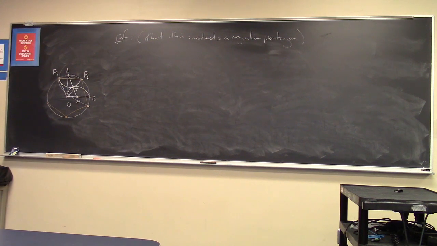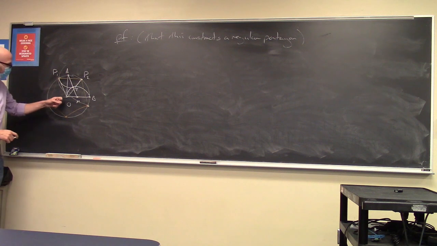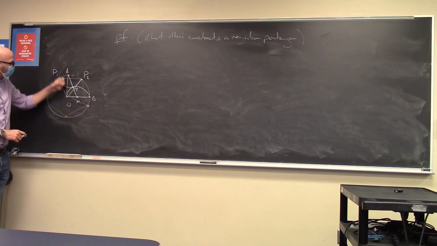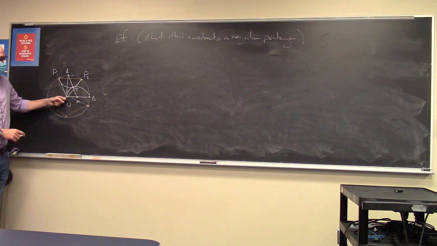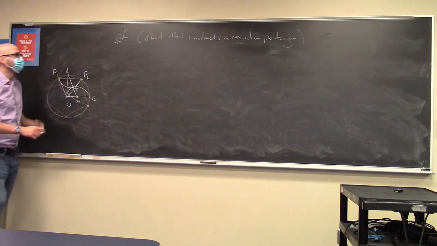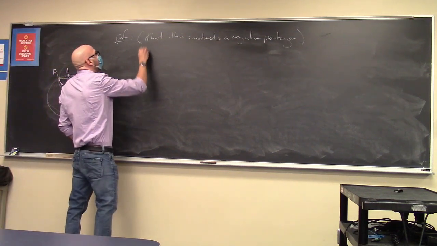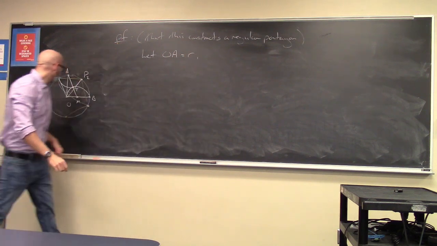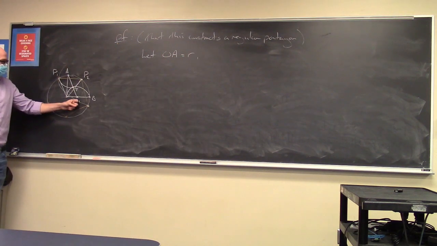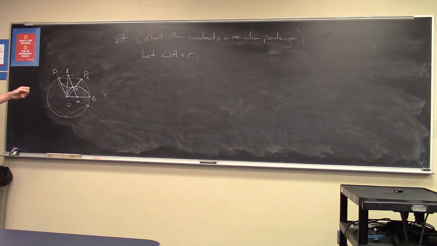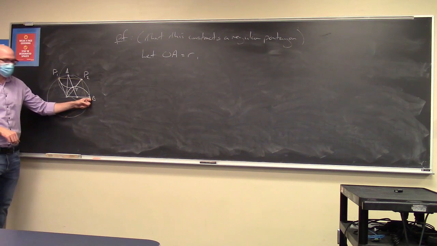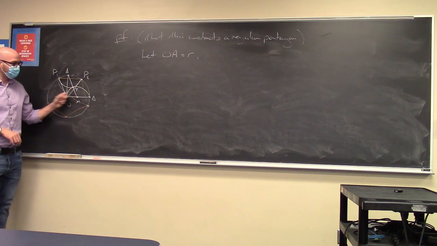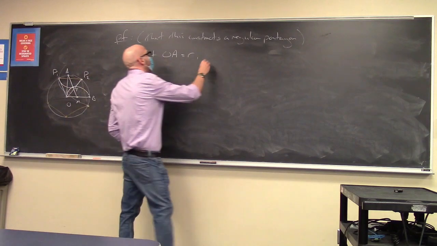All right, so my picture is a little bit messy at this point, but OA, let's just call it R. It's the radius of the circle, so we'll call that length R. Let OA equal R. Then how long is OB, or sorry, how long is OM? What's the length of OM? R over 2, right? OB is another length R, so M being the midpoint, that's R over 2.